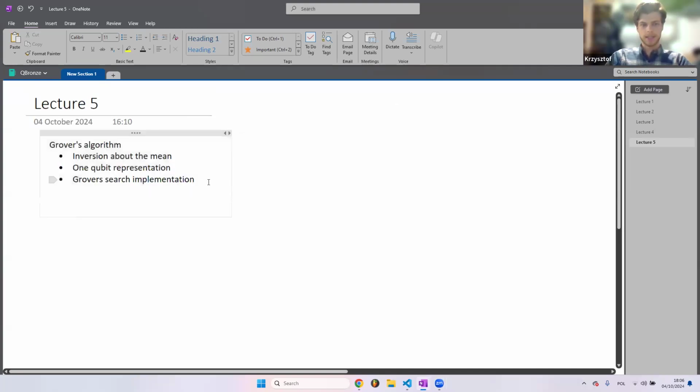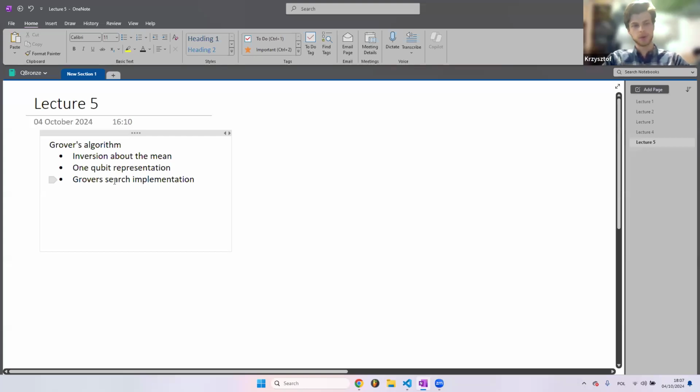At the beginning, I will talk about the classical game called, in the notebooks, inversion about the mean. This will help us gain the intuition for how Grover's algorithm works.